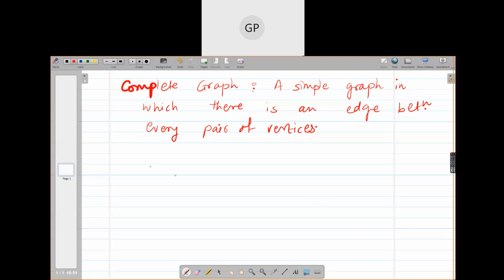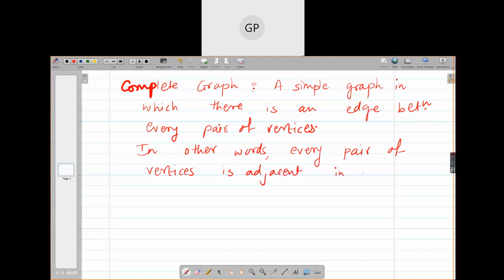In other words, we can say every pair of vertices is adjacent. There is an edge means every pair of vertices is adjacent in a complete graph.